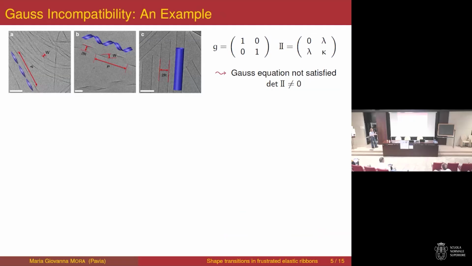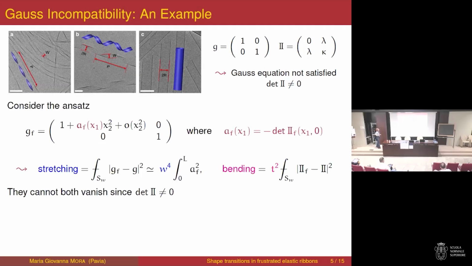And so it's a flat metric with 0 Gaussian curvature. So for this metric, the Gauss equation simply says that the determinant of the second form should be equal to 0. But this is not the case here because the target curvature has this form where lambda is a non-zero constant. So the target curvature has negative determinant, and so the Gauss equation is not satisfied in this example.